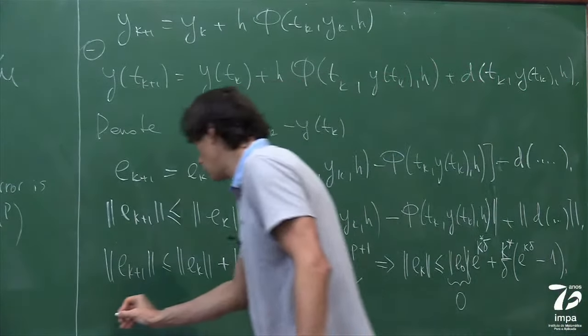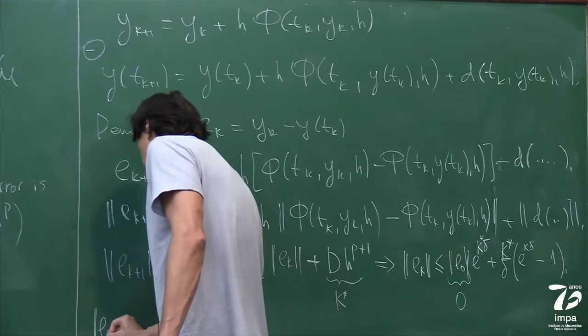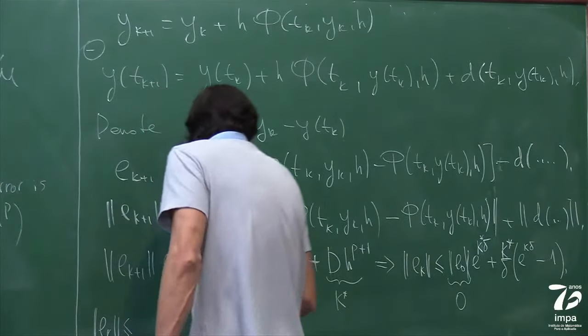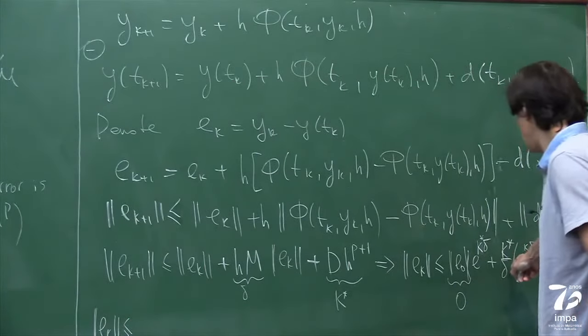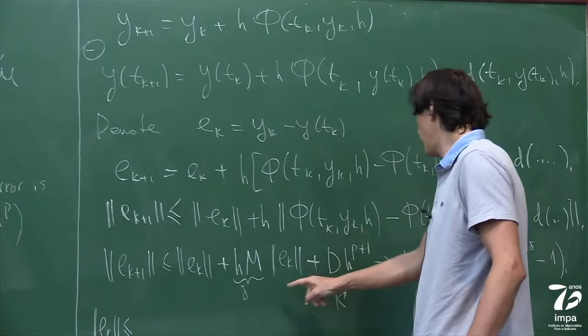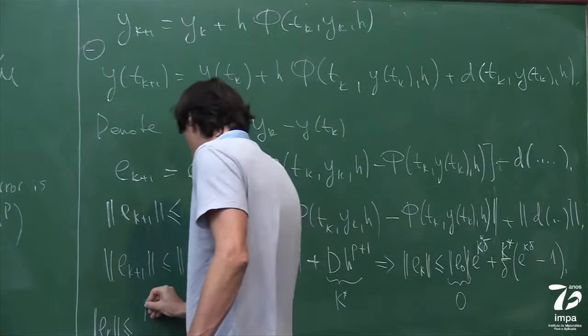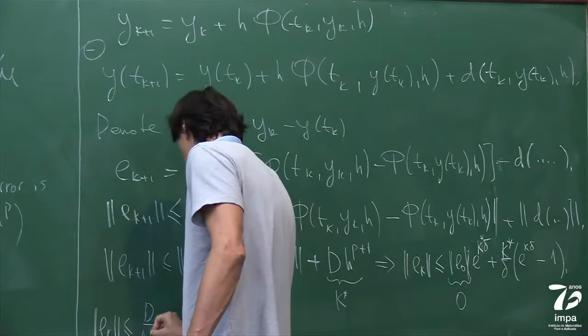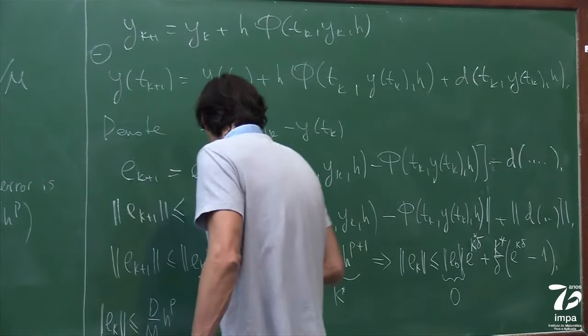So that means that e_k is smaller or equal than, first k star divided by delta, so this divided by this, it will be d over M, h^p.